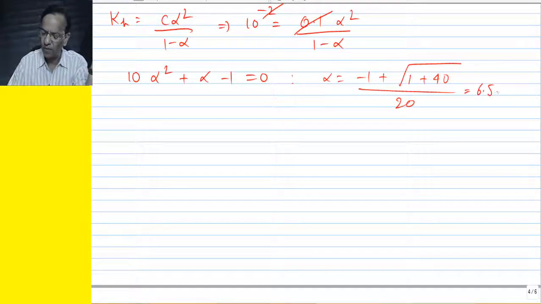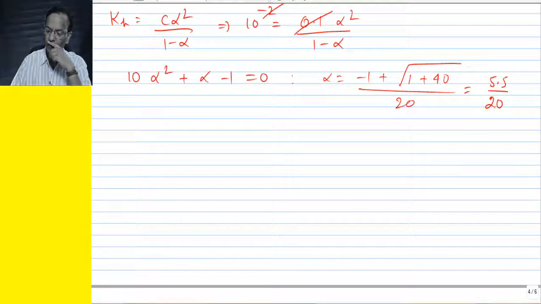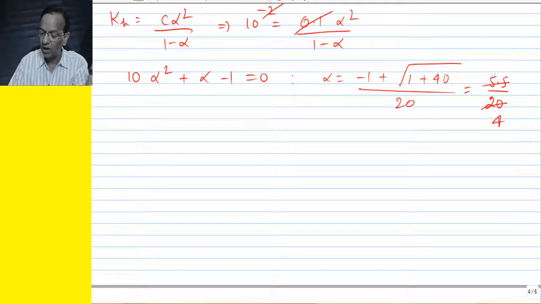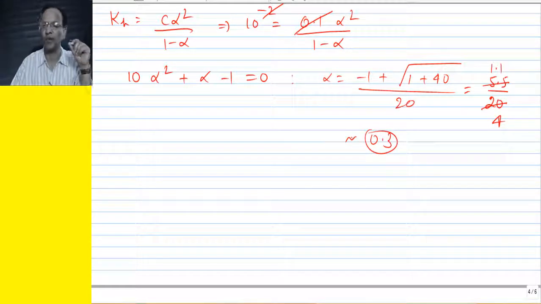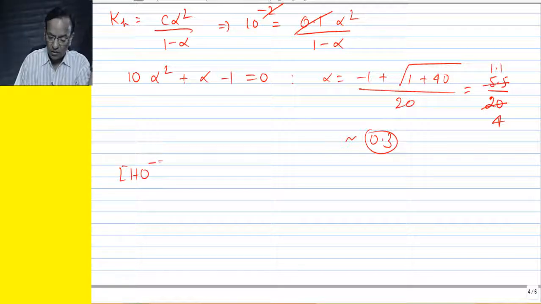I am taking 6.5. So 6.5 minus 1, 5.5 upon 20. So it is somewhere around 0.3. Alpha is approximately 0.3.